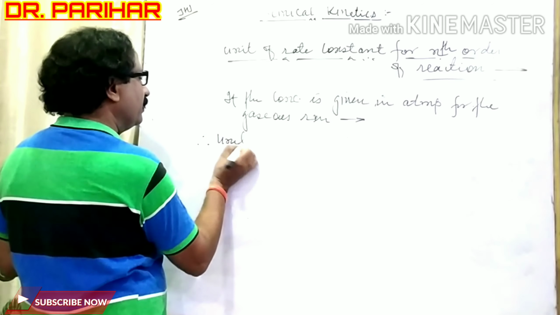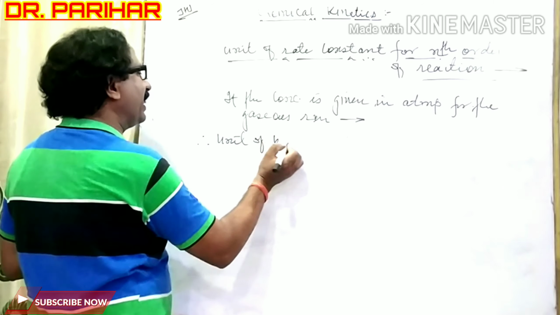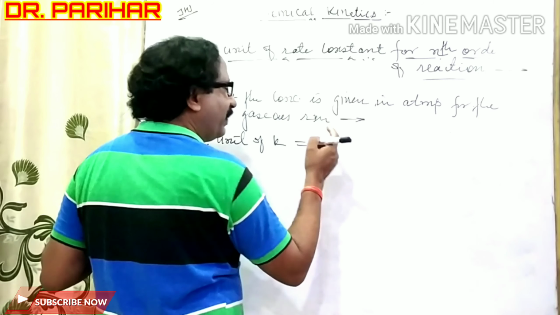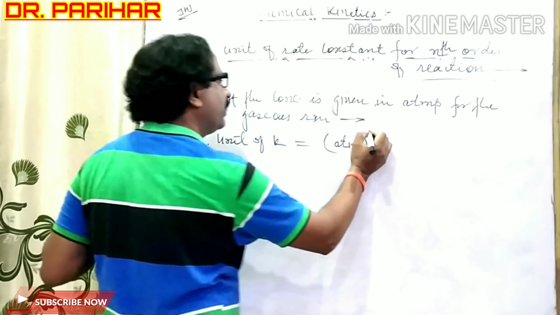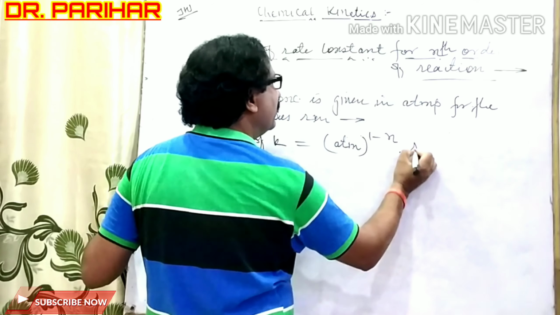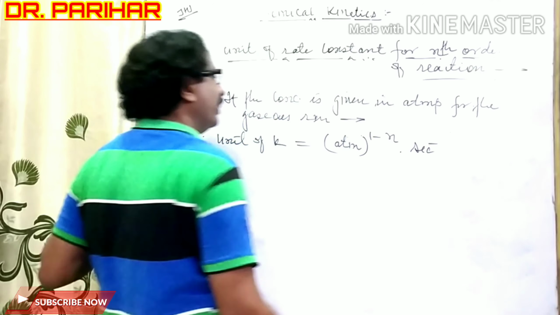Therefore, unit of K is equal to, in place of concentration we have to write atmosphere power 1 minus n into second inverse.